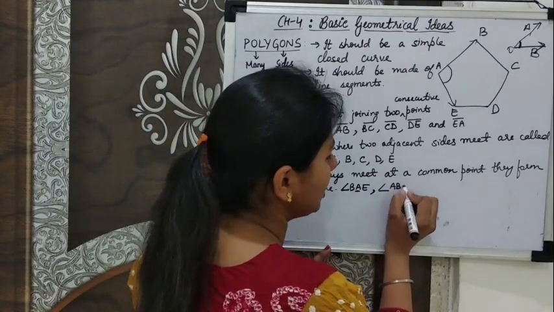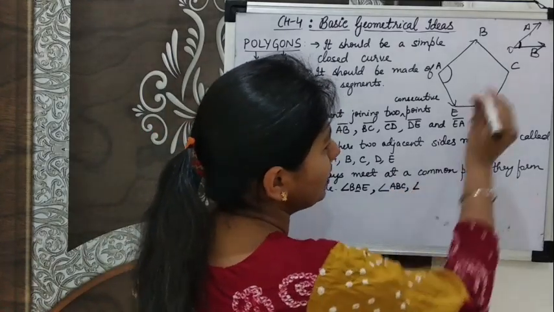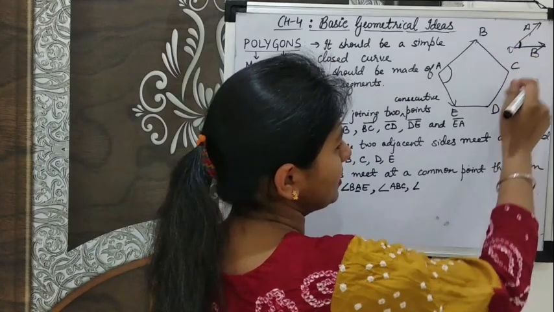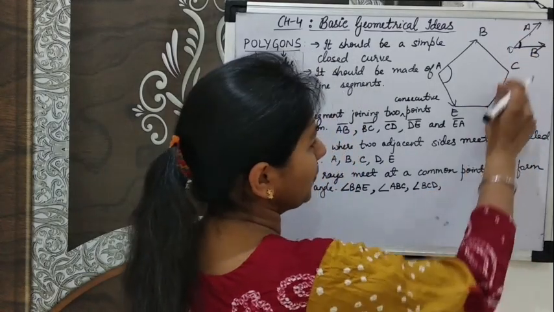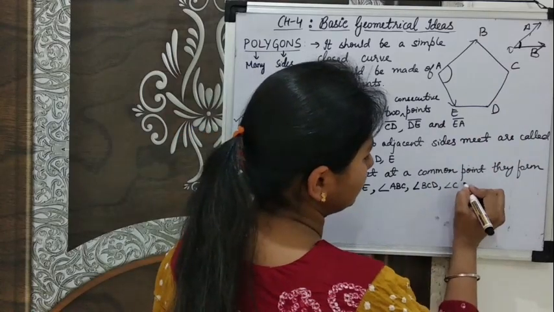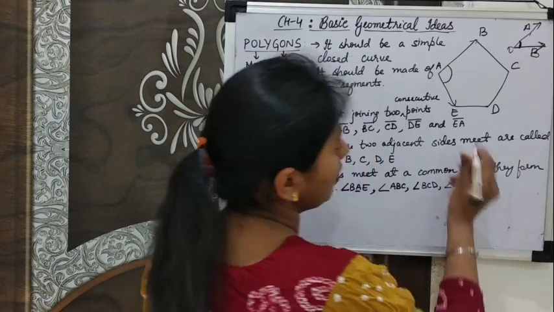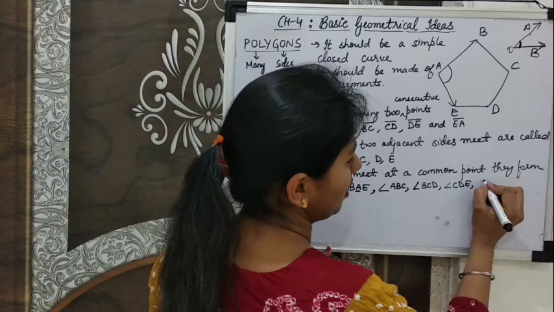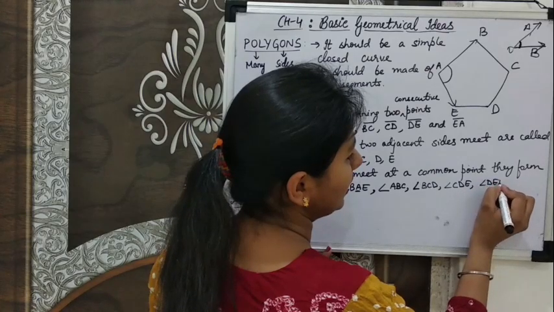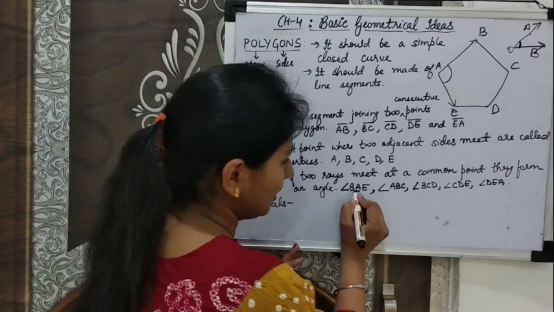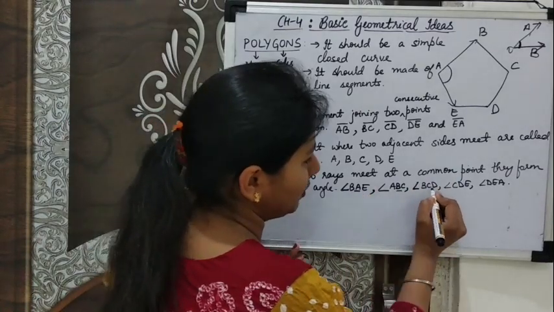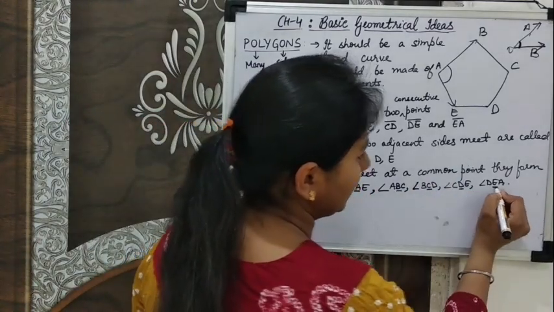Angle ABC. Then for C, angle BCD. For D, angle CDE. For E, angle DEA. So you can see we are having total of 5 angles. This is about angle A, angle B, angle C, angle D and angle E.